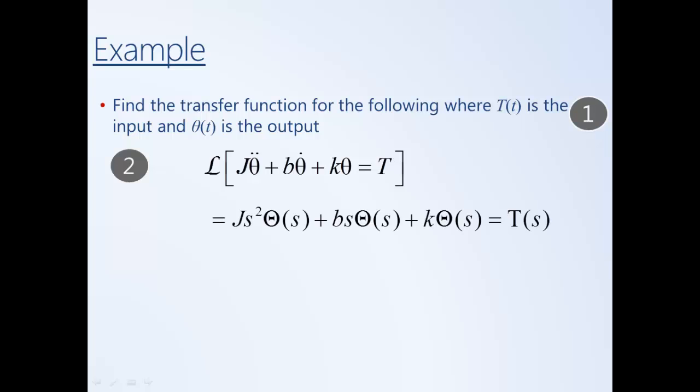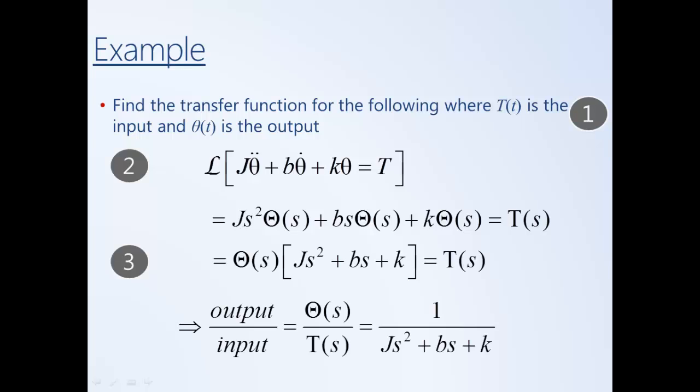The third step is then to rearrange this into the form output over input. So on the left we can factor out theta of s, leaving us with a polynomial J s squared plus b s plus k. You can divide by T of s to the left, divide the polynomial to the right, and that gives us the form of our transfer function, output over input.